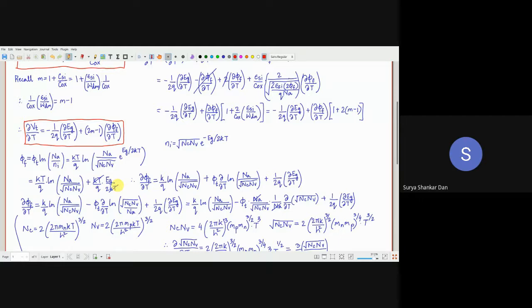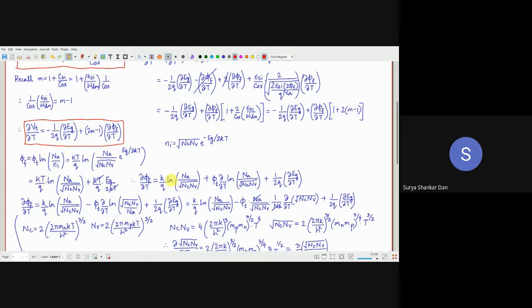Okay. Now, once we are doing this, let us find out the variation of phi f with temperature. So this is the phi f dependence on temperature. So del phi f del T will be equal to, there is one capital T over here, so it will become simply del T del T, so this will not be there.